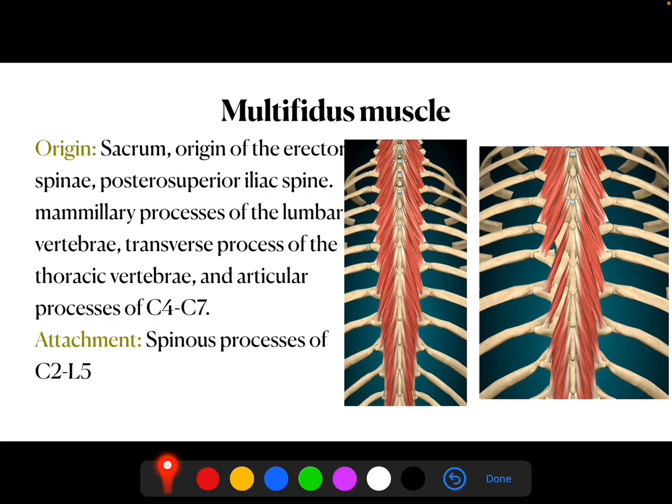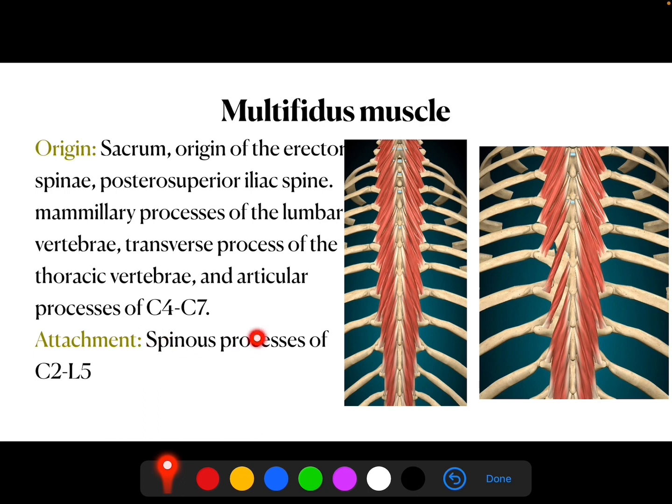Multifidus muscle. It originates at the sacrum, origin of the erector spinae, posterior superior iliac spine, mammillary processes of the lumbar vertebrae, transverse process of the thoracic vertebrae, and articular process of the C4 to C7.